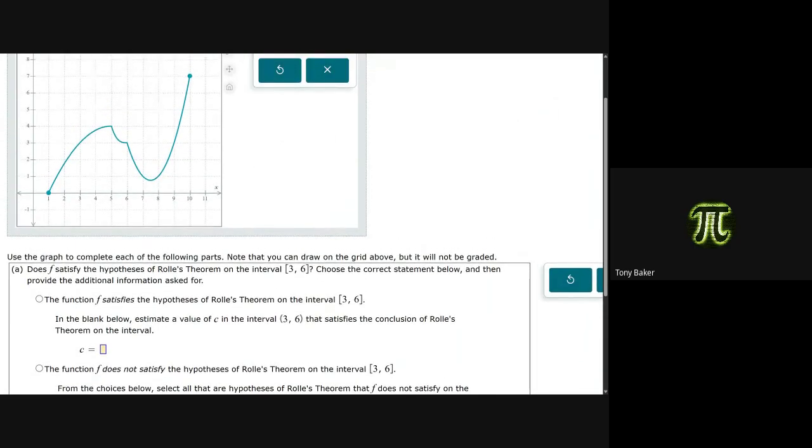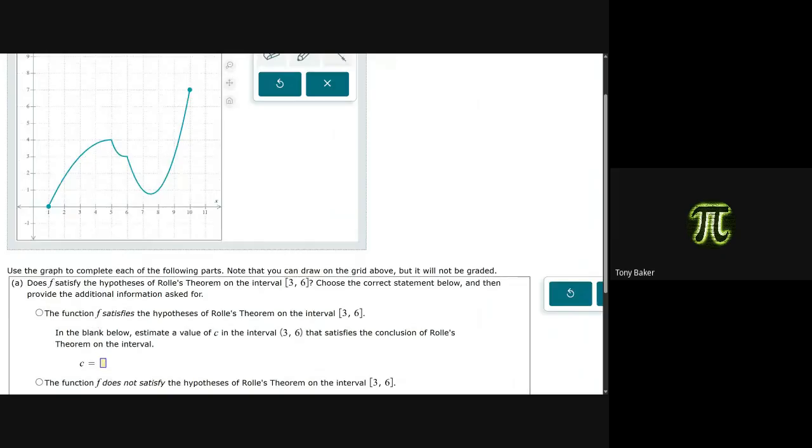All right. Between 3 and 6. Does Rolle's theorem work? I don't know.